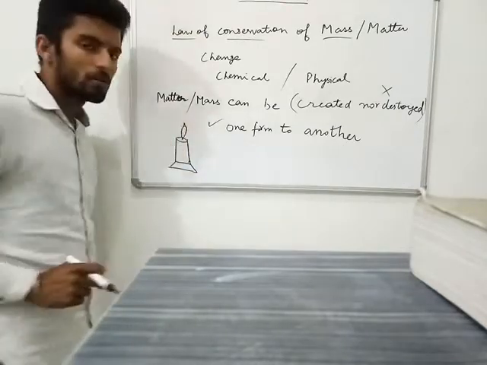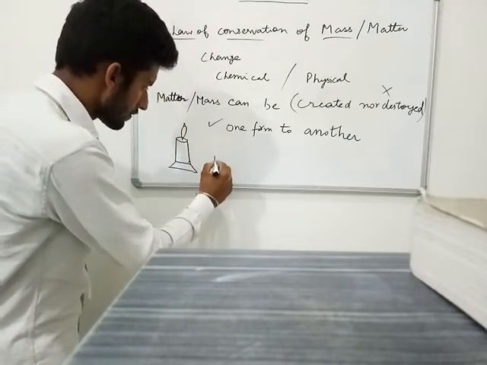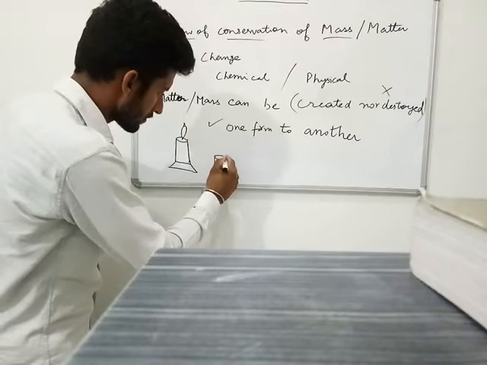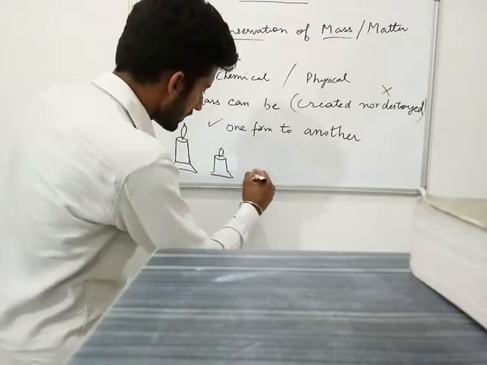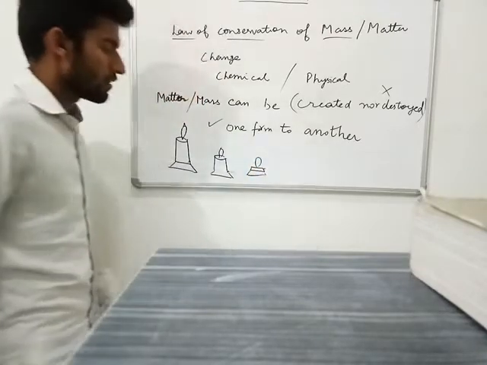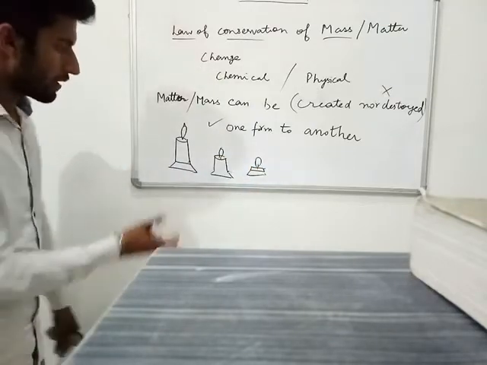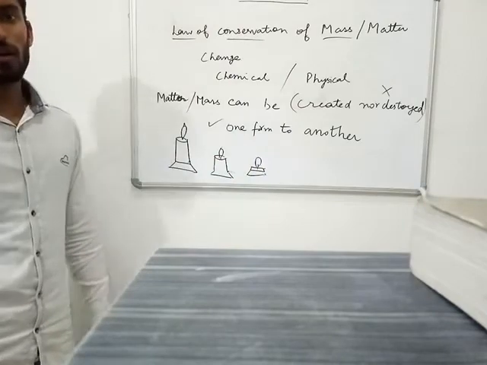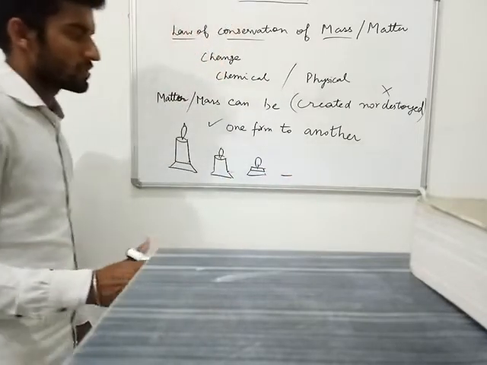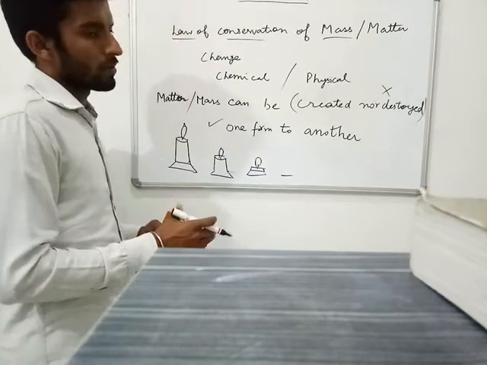When it is ignited, slowly it decreases in size, and ultimately it is over. Now you can say that earlier we had a big, full-length candle, and with time the candle has been destroyed, or consumed.